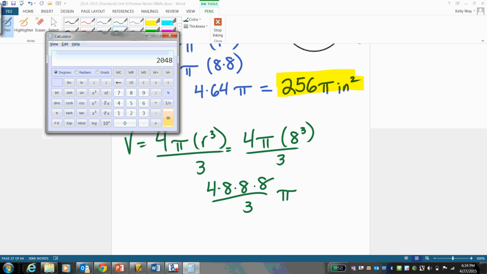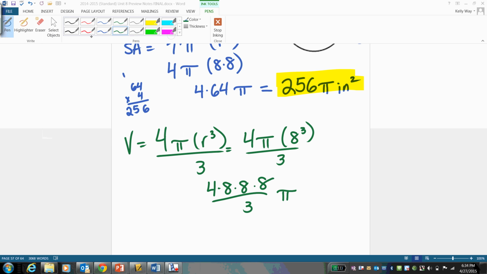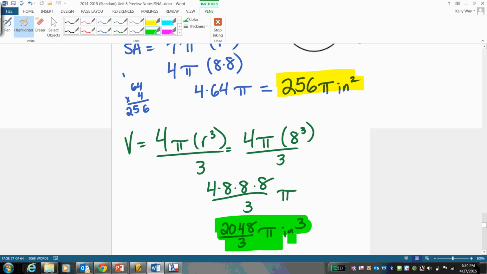So we have 2,048 over 3 pi, and this is going to be inches cubed. Ta-da! You're done. That's it. This way, I don't need to get it all to a decimal. If you have to use it for something else, that's fine. But if you just want a final answer, pi fraction form is actually what's preferred in trig.